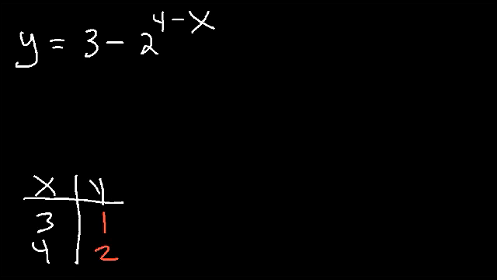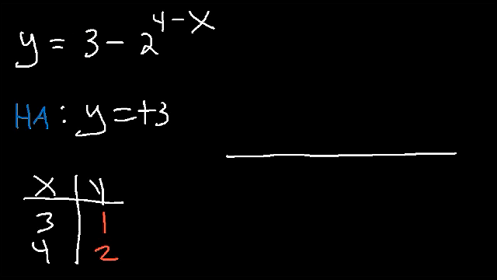Now, what is the horizontal asymptote for this graph? The horizontal asymptote is the number outside of the exponential part of the function. So it's positive 3. y is equal to positive 3. Don't let this negative sign confuse you. That sign is for the 2. In front of the 3, it's positive, so that's why it's positive 3. So now let's graph it.